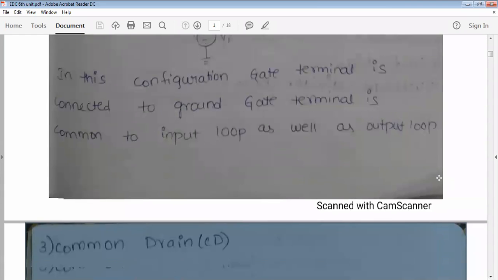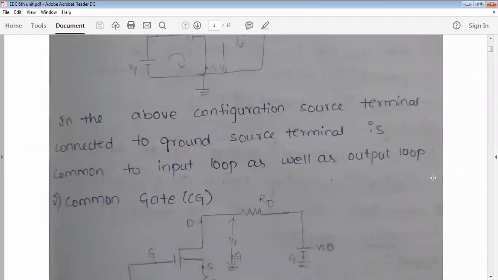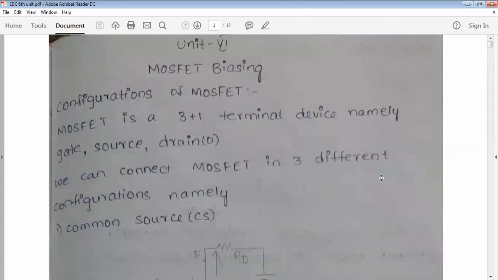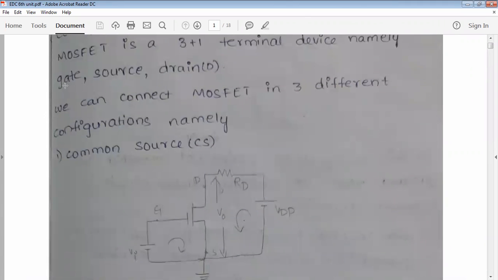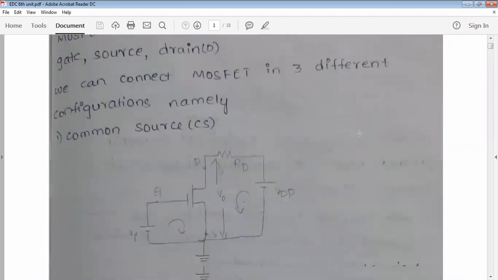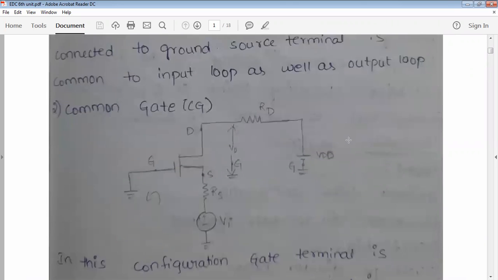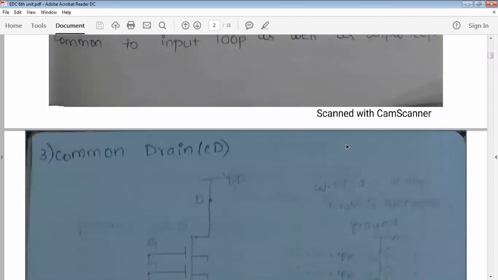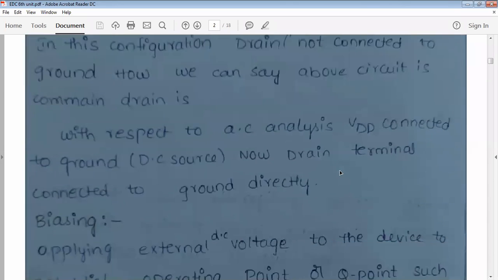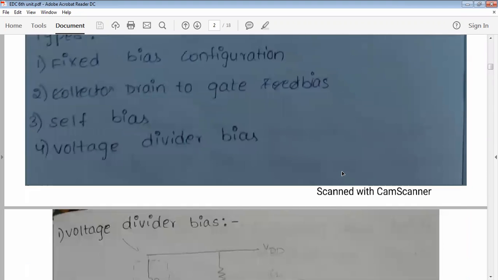Same as BJT, FET also has three terminals and three configurations: common gate, common source, and common drain. Now, in this class we will try to solve one bias problem.